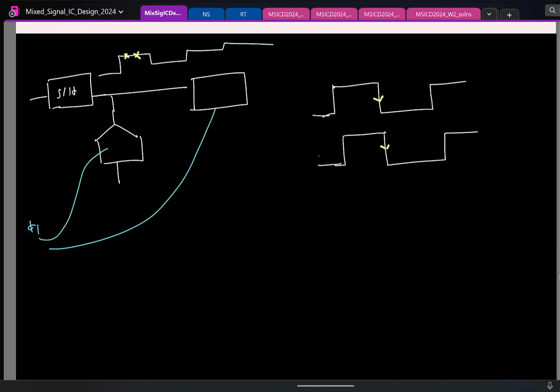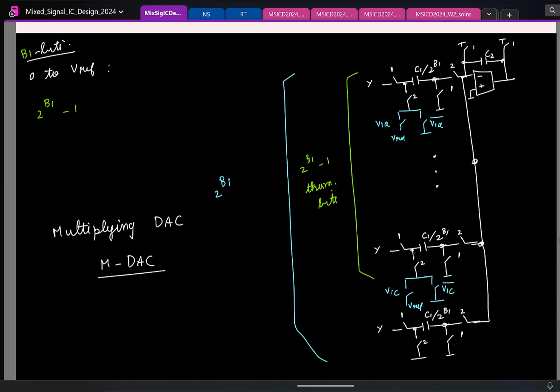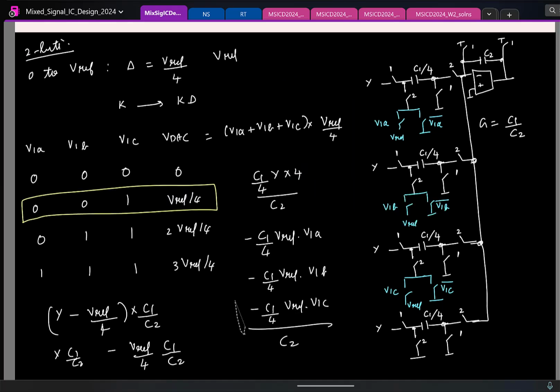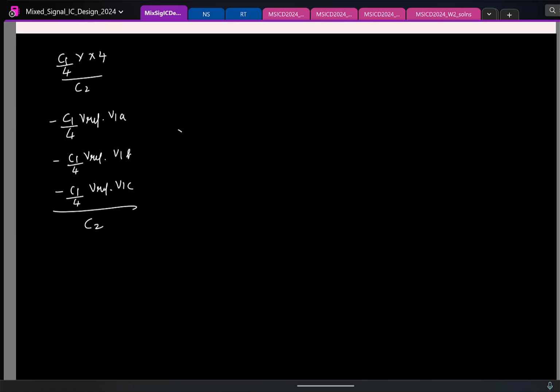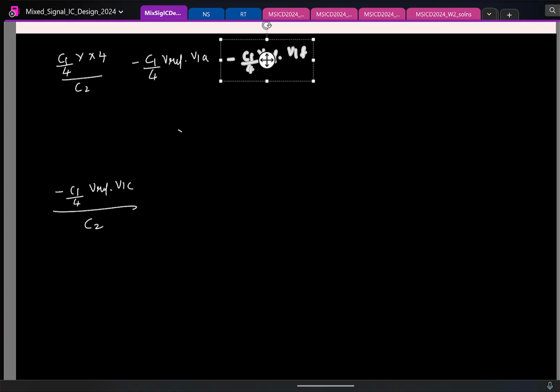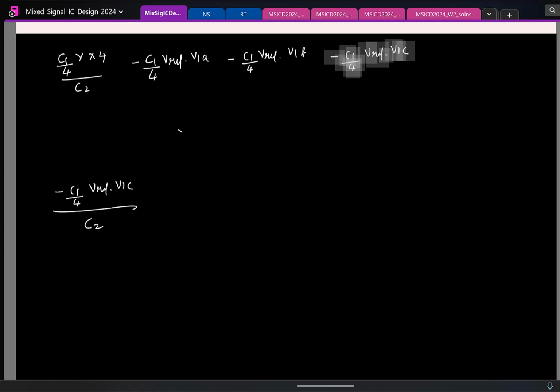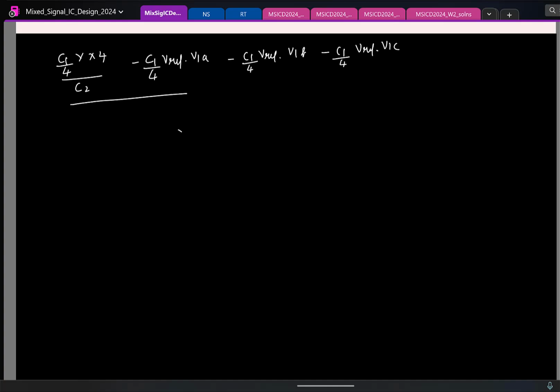And again, the basic idea is this. So this is the ideal output you get from the DAC if the capacitors are all matched.